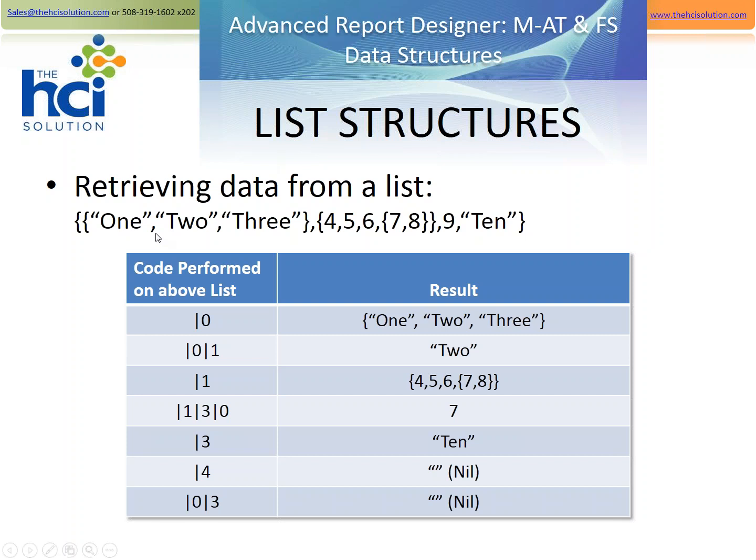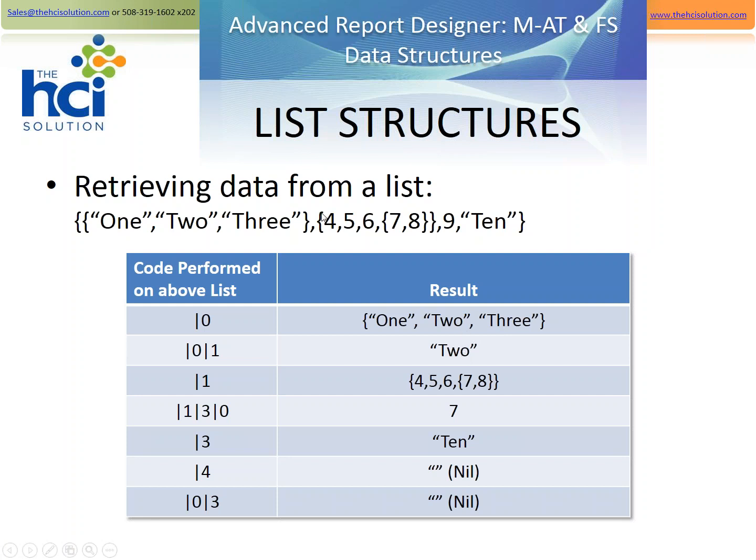If I took piece 0 of this whole list, the result would be this other list, 1, 2, 3, because it's in the 0th position of the greater list. If I said, give me piece 0 and then piece 1, this smaller list would first be returned, and then piece 1 of it, the word 2, would be the result.